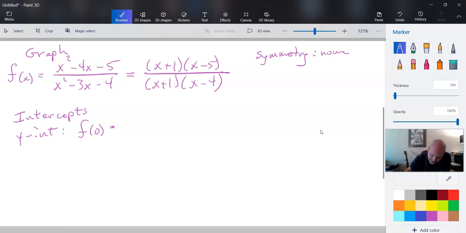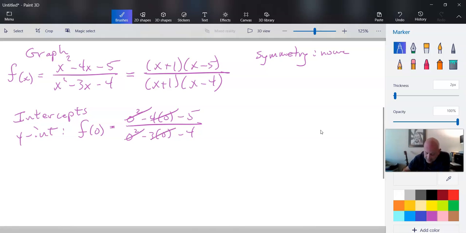So if I plug this in, I'll just demonstrate it. This ends up being 0 squared, which is 0, minus 4 times 0, minus 5, over 0 squared, minus 3 times 0, minus 4. And you notice that goes away, that goes away, that goes away, and that goes away.